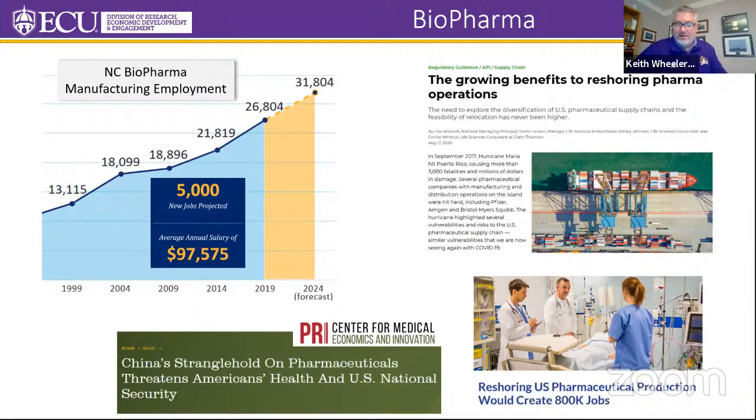I talked to the general manager at Thermo Fisher this morning, who is great. She's an ENC success story. She has 300 job openings just at Thermo Fisher right now.